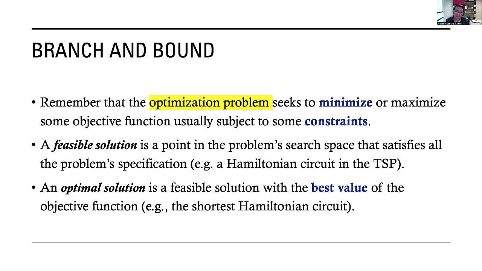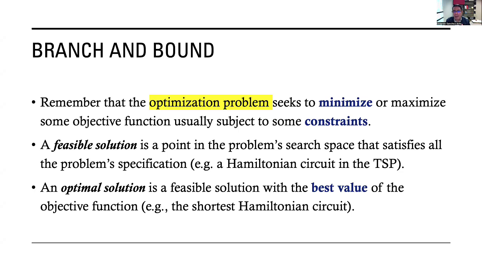However, not all the Hamiltonian circuits are going to be the optimal solution for the traveling salesman problem. And that is the second definition that we are considering now. We are going to say that we have an optimal solution when we take one of those feasible solutions with the best value that we can reach for the objective function.